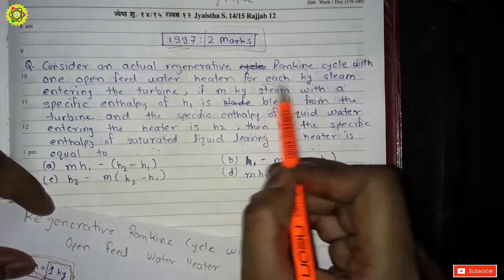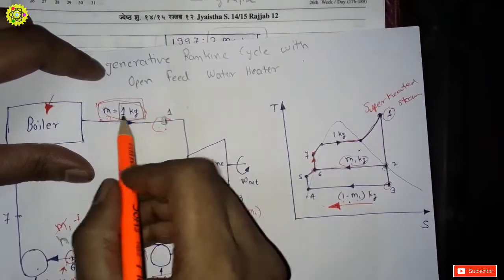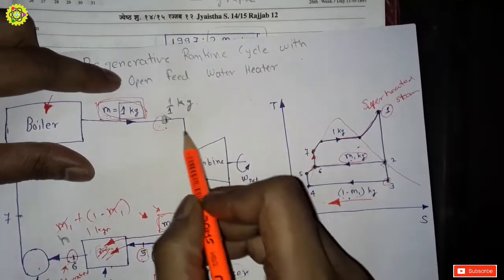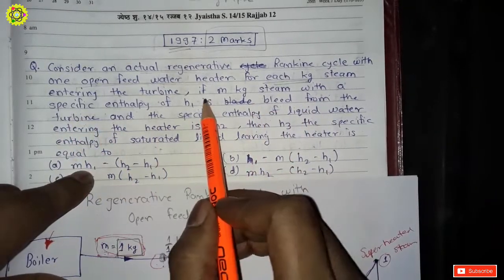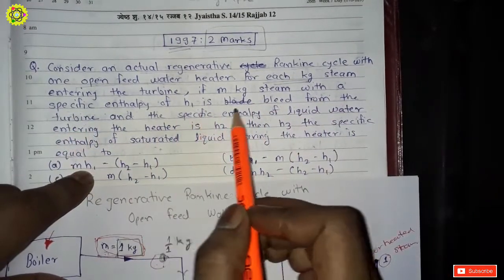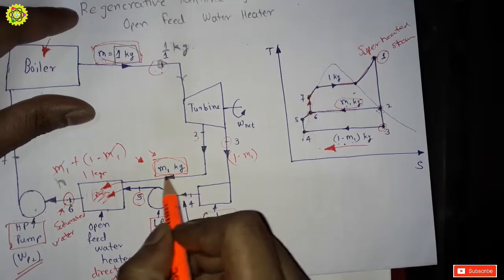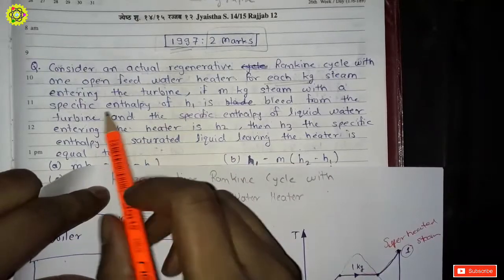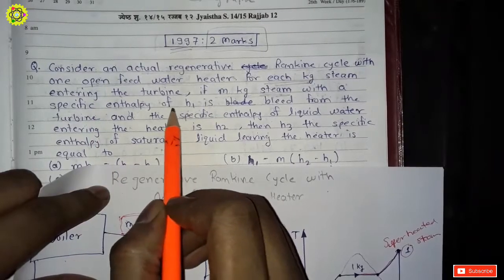In the question they have mentioned for each kg of steam entering the turbine, so we have taken 1 kg. Further, if m kg of steam with specific enthalpy H1 is bled from the turbine, we are not considering m1 here, now we are considering m kg bled off.